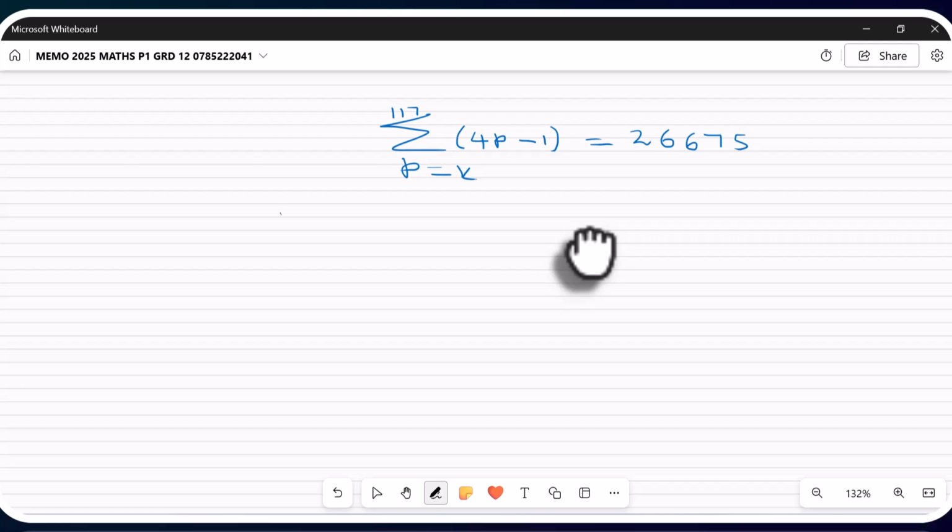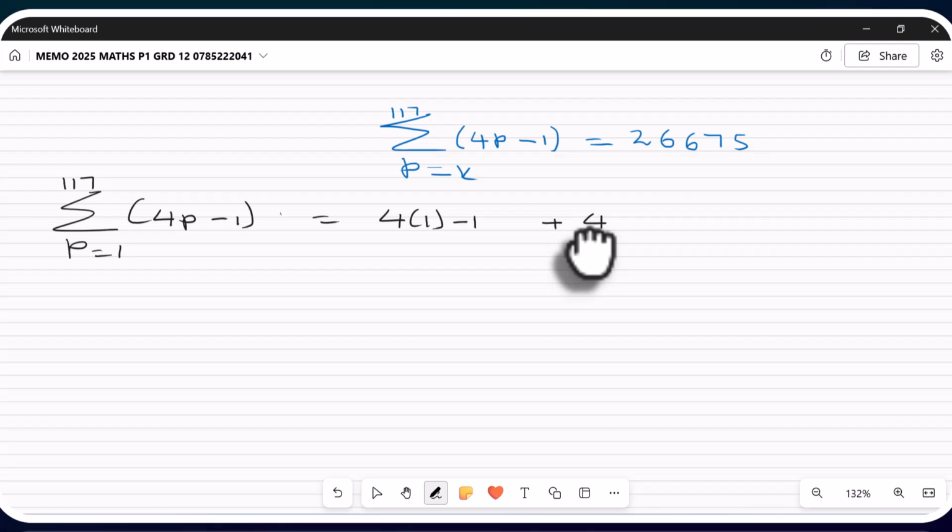So now for this summation, what is 4 times 1? That is 4 minus 1, which is 3. Then plus 4 times 2, 8, minus 1 giving me 7 here. Then plus 4 times 3, 12, minus 1, that's going to be 11.